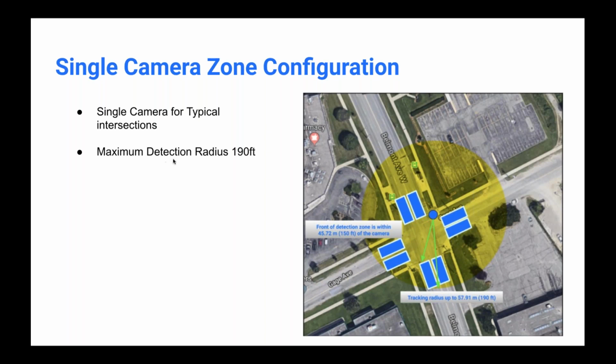So the maximum detection radius is going to be around 190 feet if your camera's at 30 feet high. You can see we give you a pretty good radius or overall field of view of this location at Belmont and Gage Avenue. Now, this happens to be a relatively small intersection.